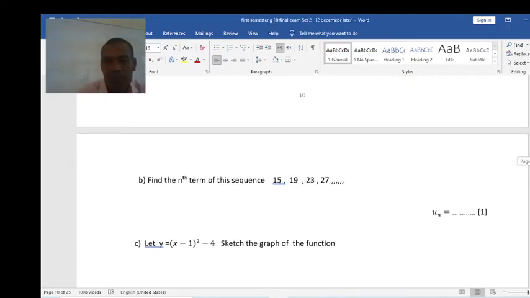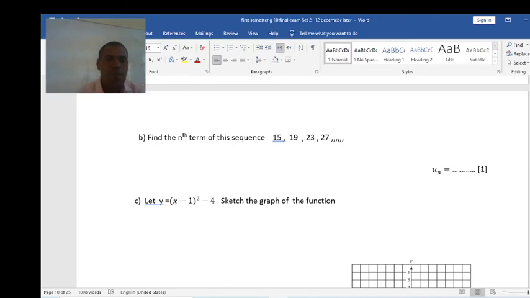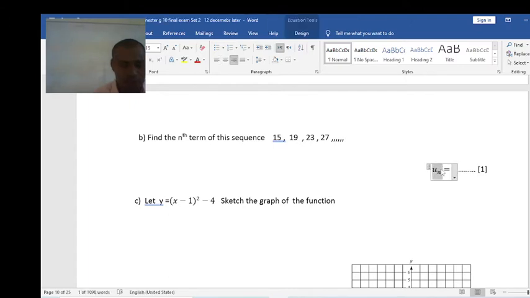We have find the nth term of this sequence. We have 15, 19, 23, and 27. So the nth term, learners, is that. I will use this formula.